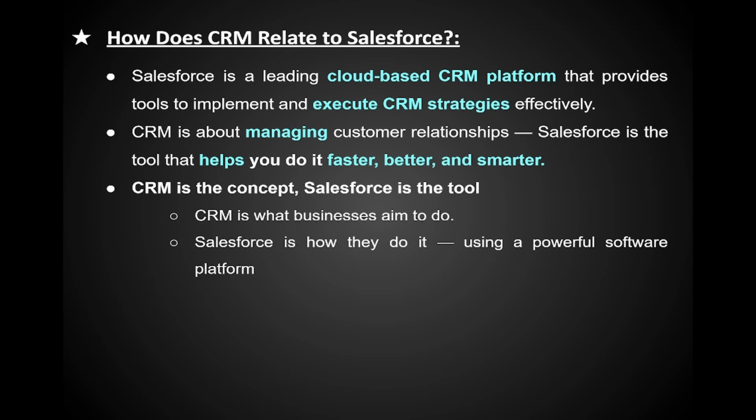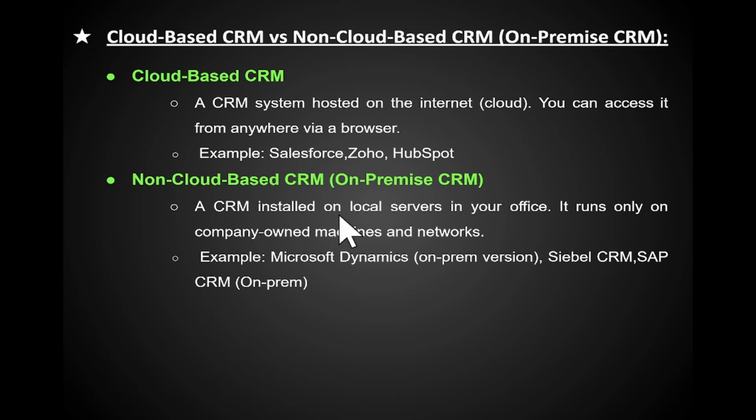Okay, so let's discuss cloud-based CRM versus non-cloud-based CRM. CRM can be on cloud and can be on non-cloud as well. Cloud-based CRM means any system hosted on the internet, which we call cloud, so you can access it from anywhere via a browser. That is cloud-based.